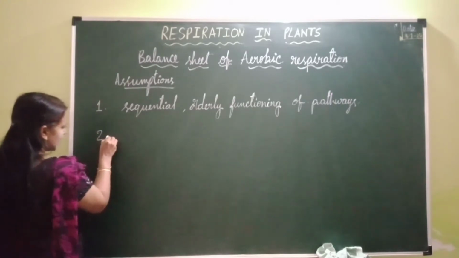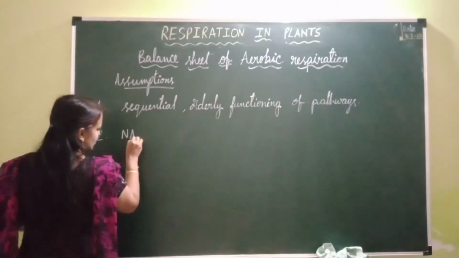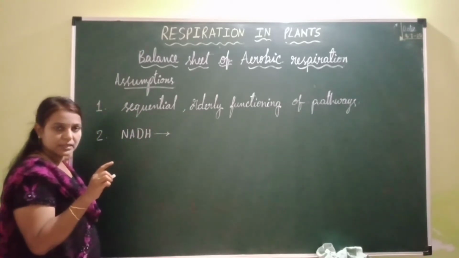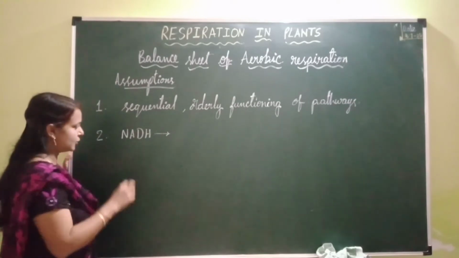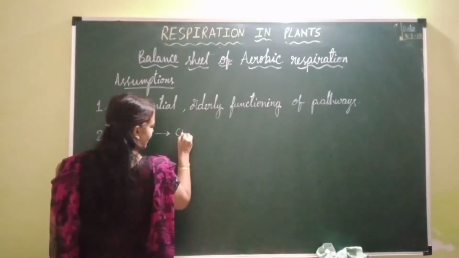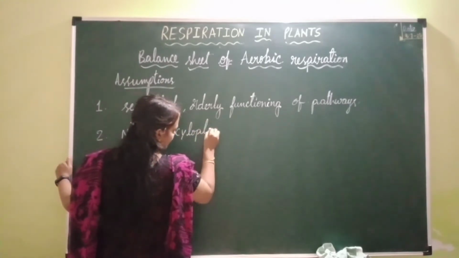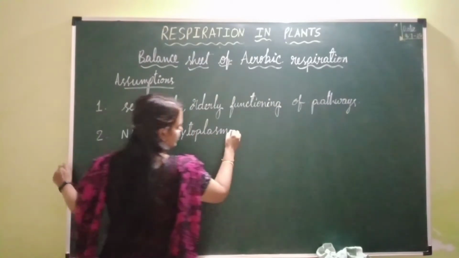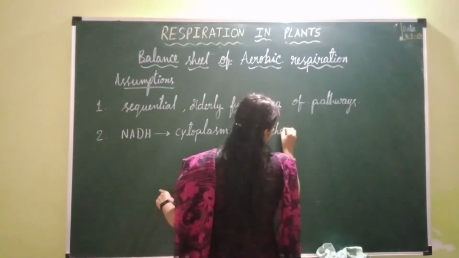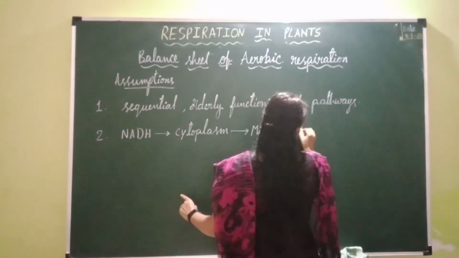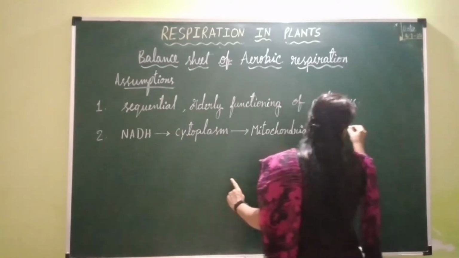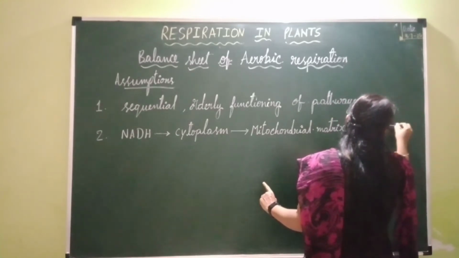The next assumption is about the NADH which is released into the cytoplasm during glycolysis. We know that the site of glycolysis is the cytoplasm. So the NADH released during glycolysis into the cytoplasm enters into the mitochondrial matrix, where it undergoes breakdown through ETS, which results in the formation of ATP.